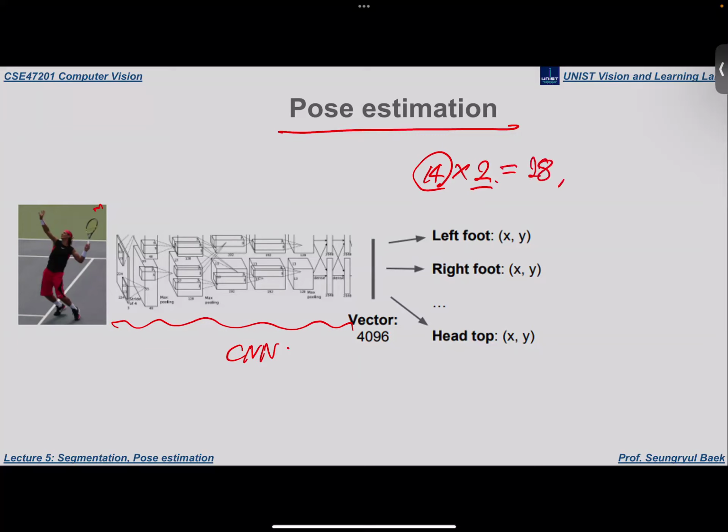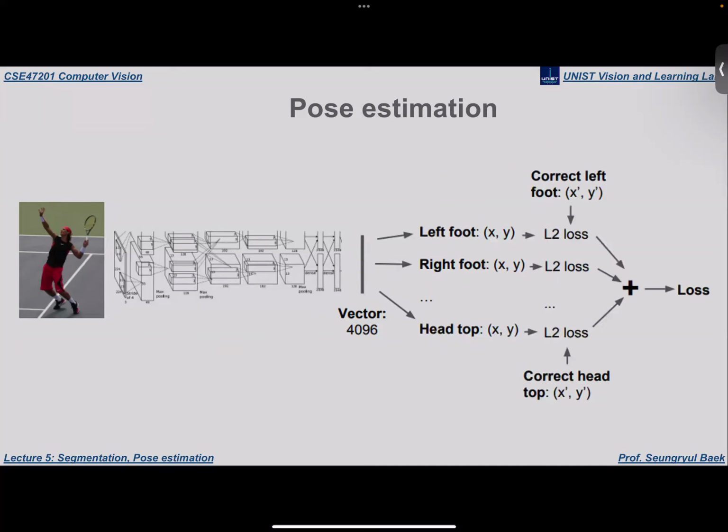So there could be 28 dimensional floating values that explain the XY coordinates of the 14 key points.